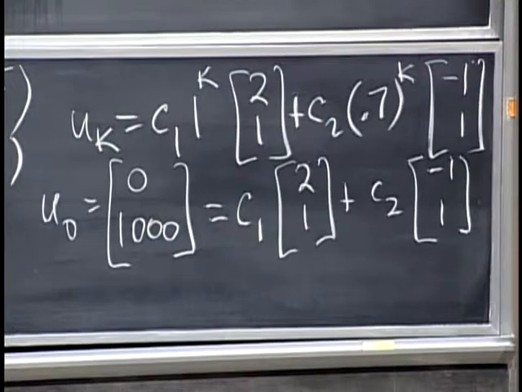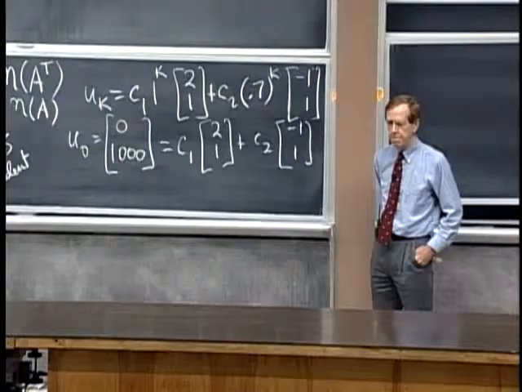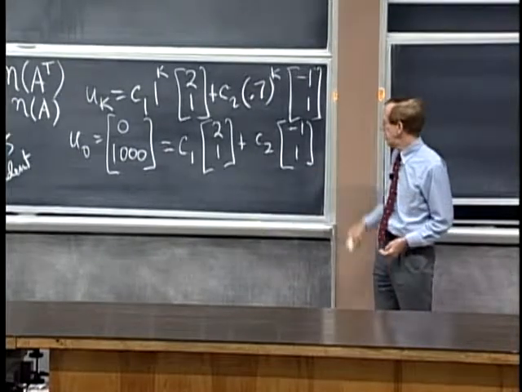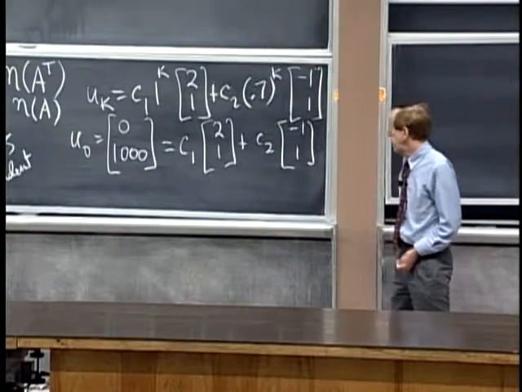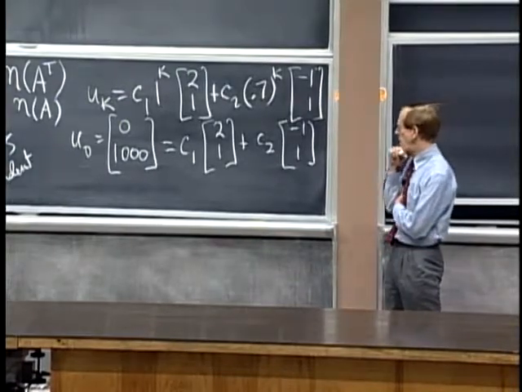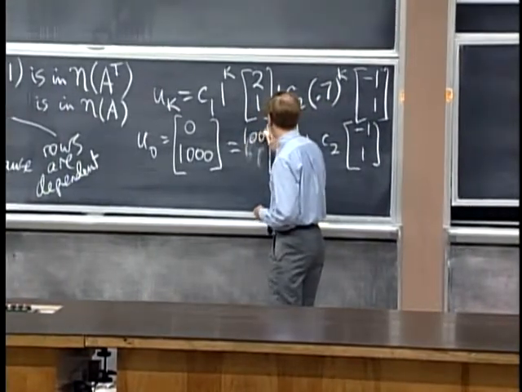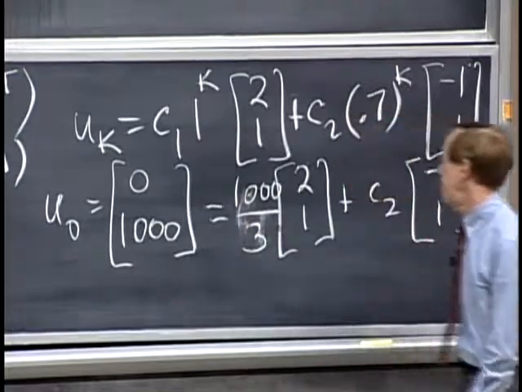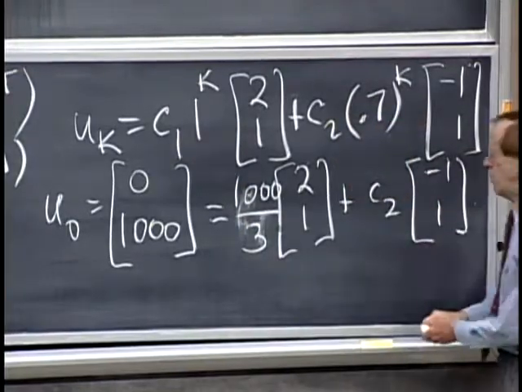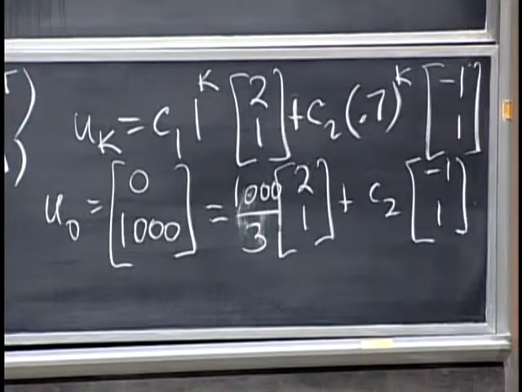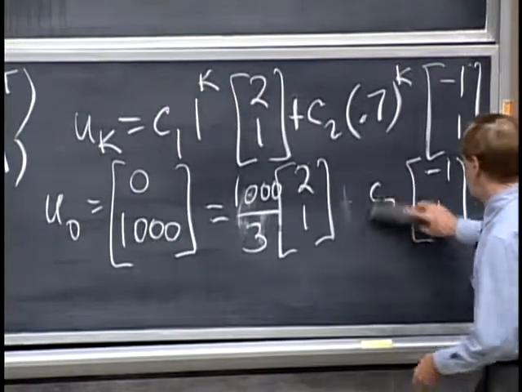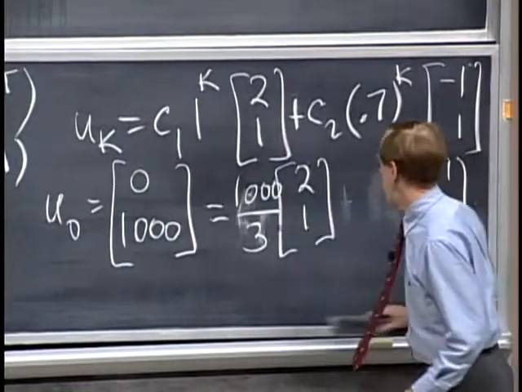Two equations, two constants, certainly independent eigenvectors. So there's a solution, and do you see what it is? Let's see, I guess we already figured that C1 was 1,000 over 3, I think. Did we think that had to be 1,000 over 3? And maybe C2 would be, excuse me, get an eraser. We want to get a 0 here.